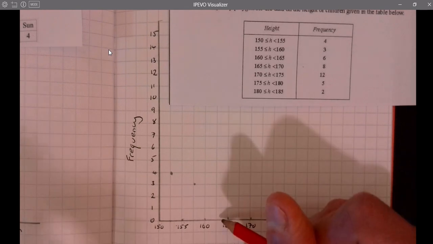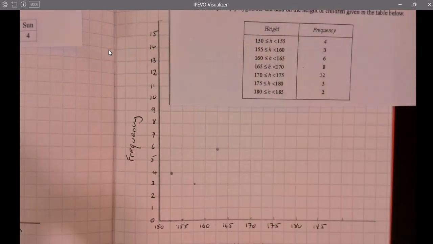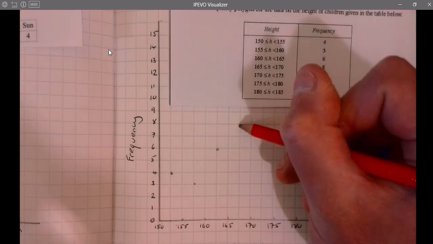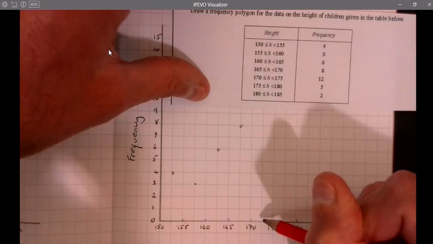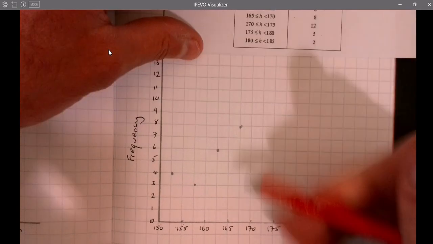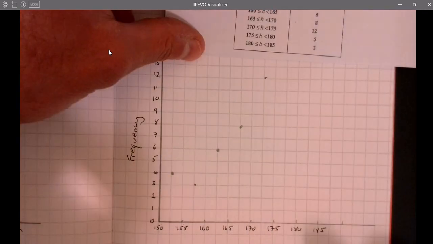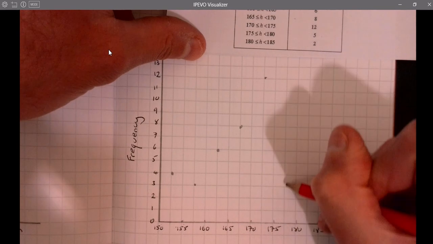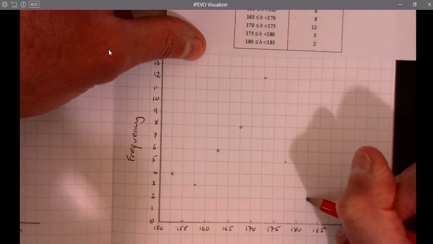So 160 to 165 goes to 6, and then the next one goes to 8, and the next one goes to 12, so I'm just going to have to move that up slightly. There we go. And then it goes to 5, and then the last one goes to 2.